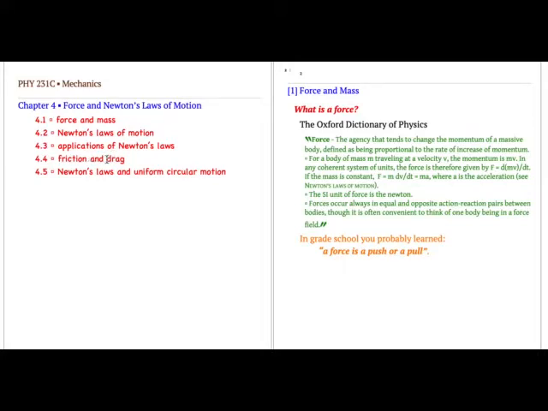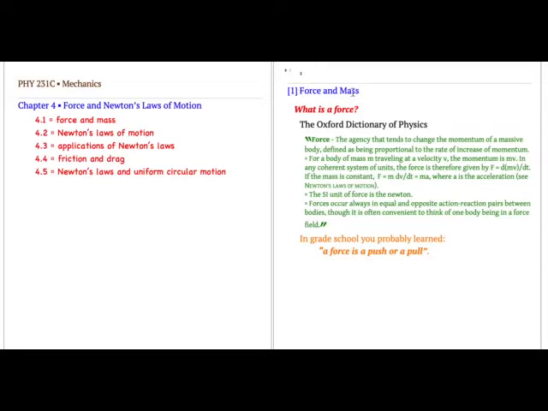Friction with the atmosphere is often called drag, the drag force. And then there's a separate section on uniform circular motion. We studied the kinematics of uniform circular motion. How does dynamics produce uniform circular motion?